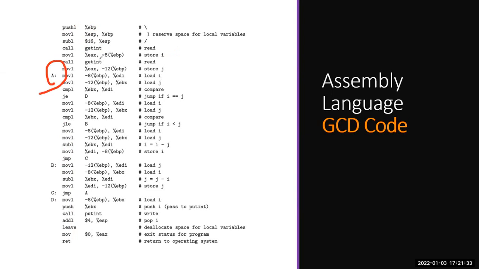So sometimes you may have jump to A, something like that. Or here, jump equal to D, okay? So these are different instructions for the assembly code. Assembly code is more readable, but it's not an English-like language.